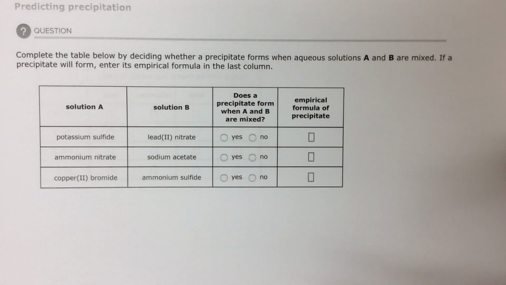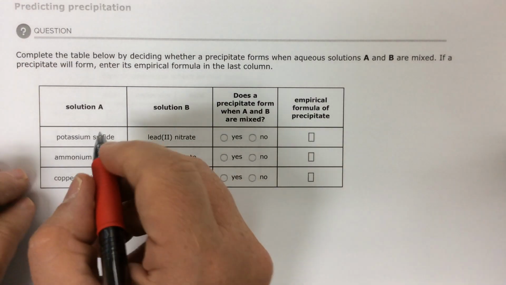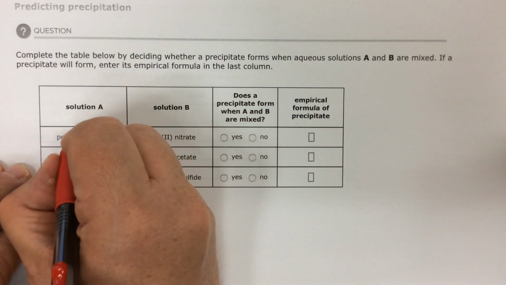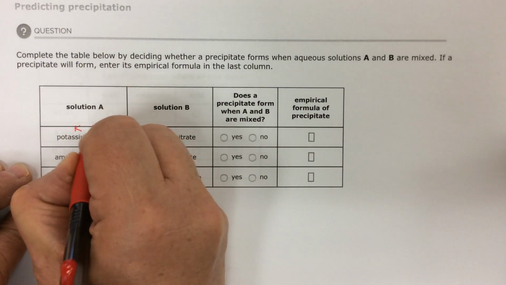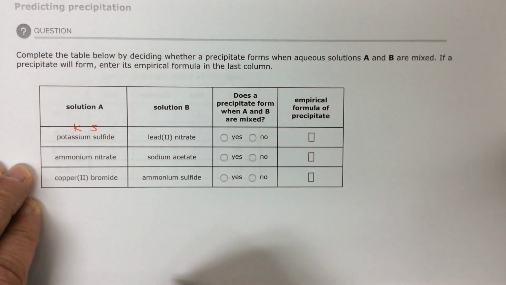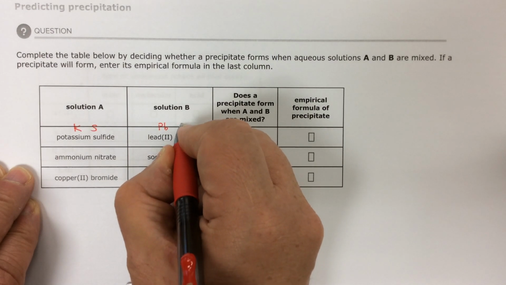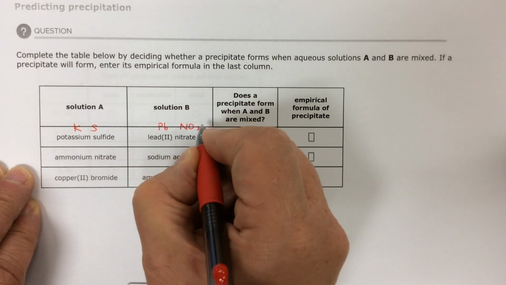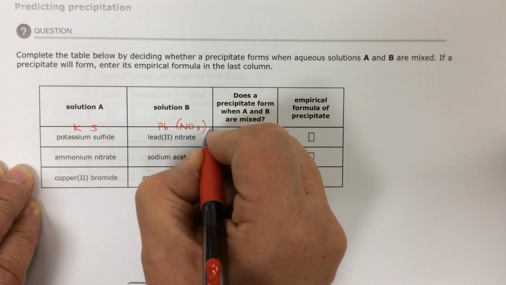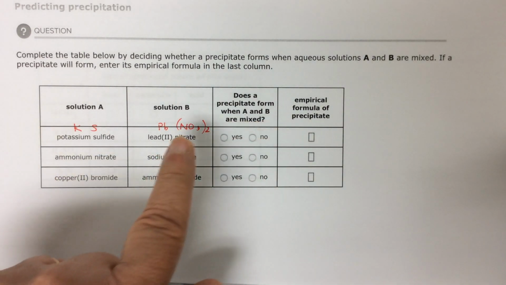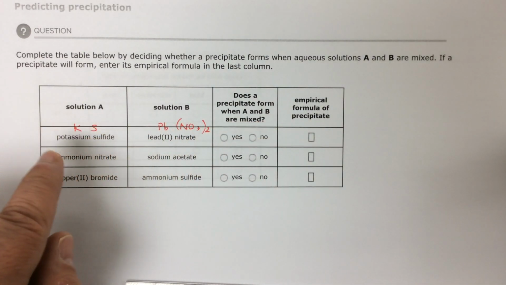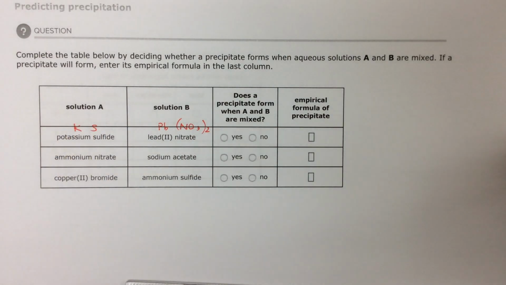You're then asked, is there a precipitate that forms? So if you have an insoluble compound that mixes, remember there's two parts to each one of these, potassium and sulfide. So okay, potassium and sulfide, that's soluble. Lead and nitrate. So you have nitrate and lead, potassium and sulfide ions.